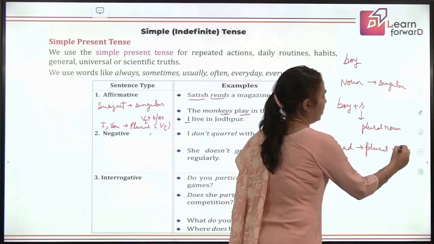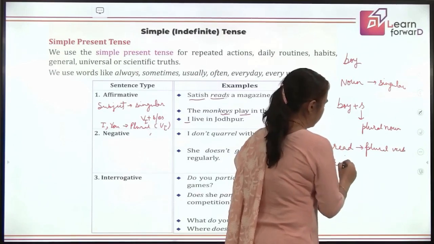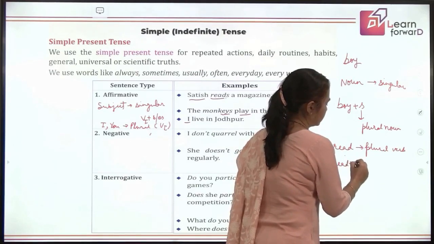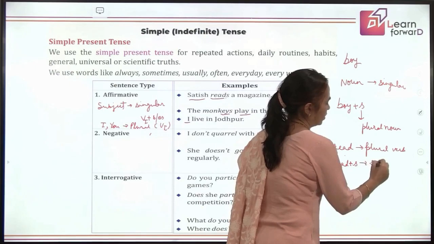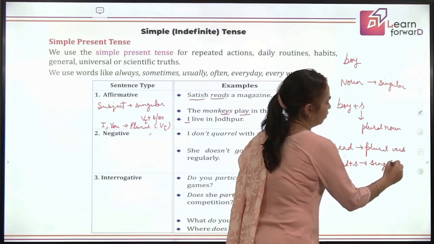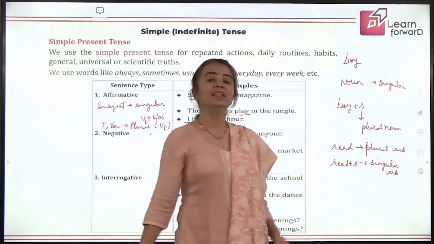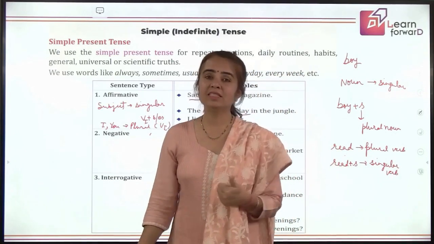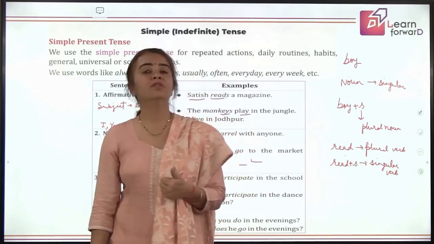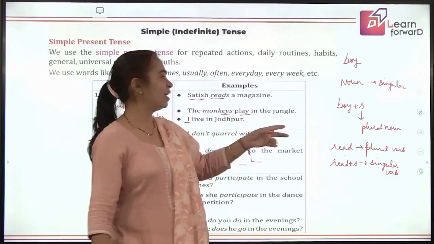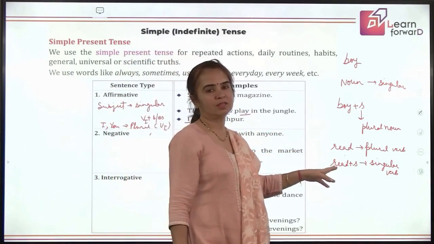And when you add S to it, it becomes reads, and this now is the singular verb. Isn't it interesting to know? The nouns with S/ES are plural nouns, but the verbs with S/ES are singular verbs, right?